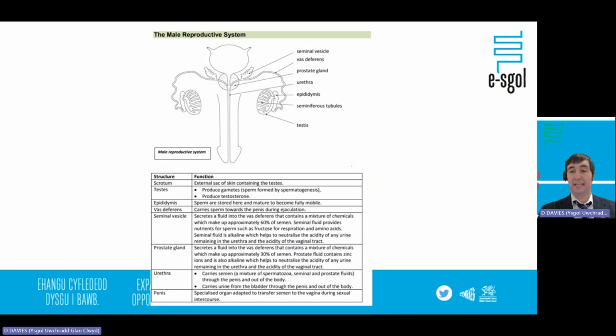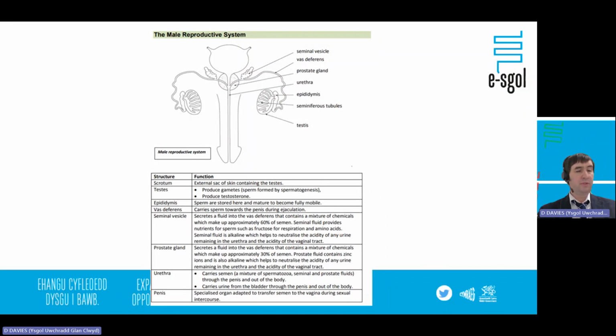The seminal fluid is also slightly alkaline, which helps neutralize any acidity that may be left in the vaginal tract after any urine. The prostate gland, again at the base of the penis, underneath the bladder, also secretes a fluid into the vas deferens. Prostate fluids contain zinc and ions, which again help neutralize the acidity in the vaginal tract.